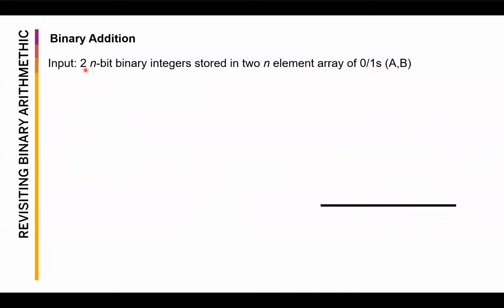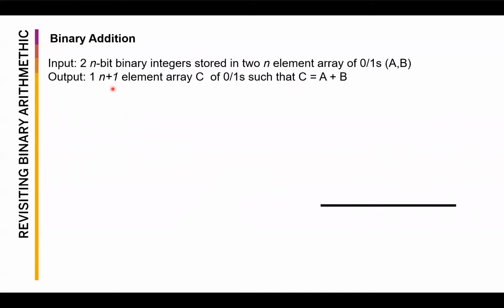So we have two n-bit binary integers stored in two n-element arrays of zeros and ones, while our output would be an n+1 element array C of zeros and ones such that C is equal to A plus B. So we define an array of n+1 length, such that the values here would be the same as A plus B, or adding the two n-element arrays in our input.